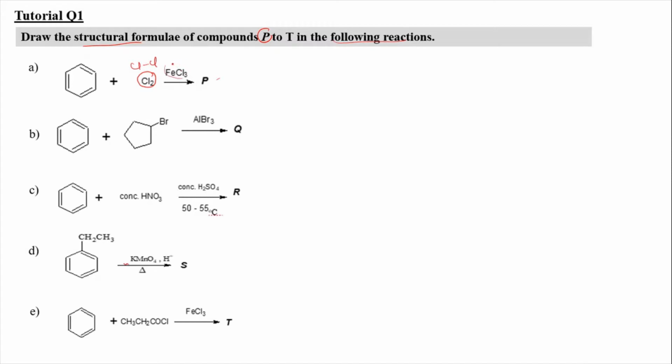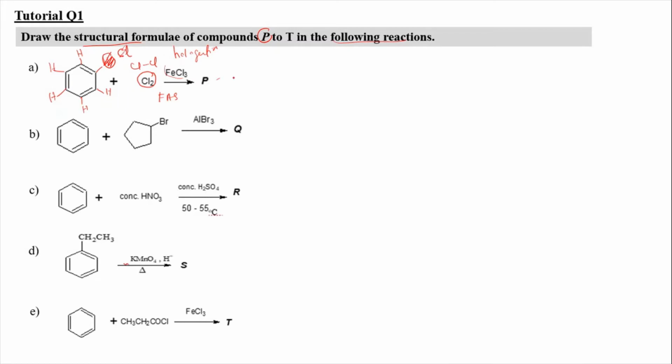You know that this process is known as halogenation, where the halogenation is part of the electrophilic aromatic substitution reaction, where any of the hydrogen in the benzene ring is going to be replaced with the Cl. Okay, so that's the idea.